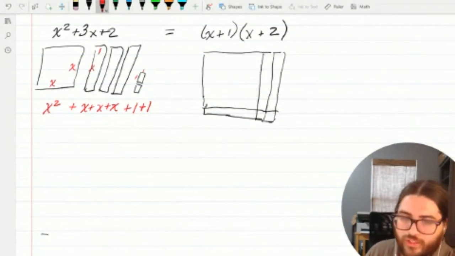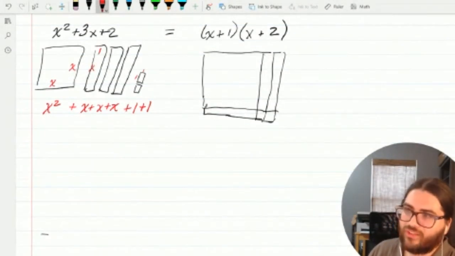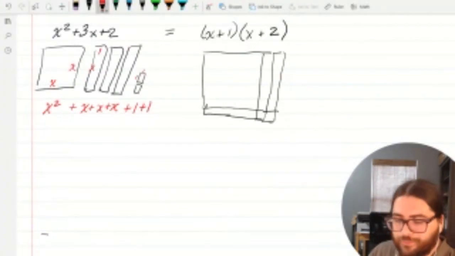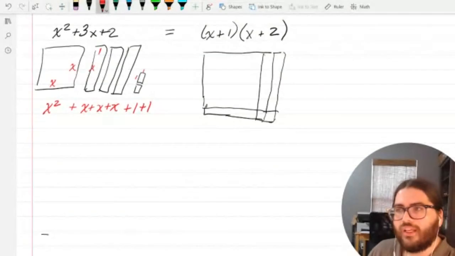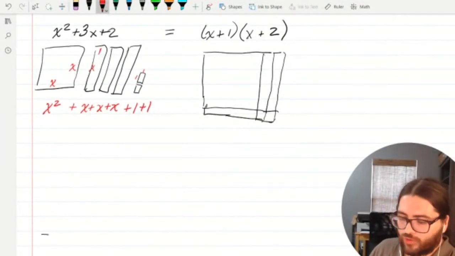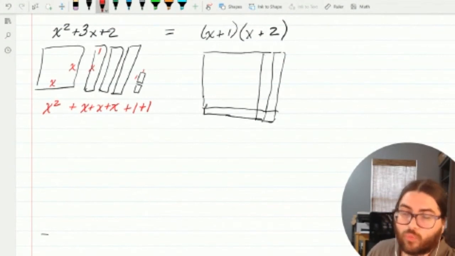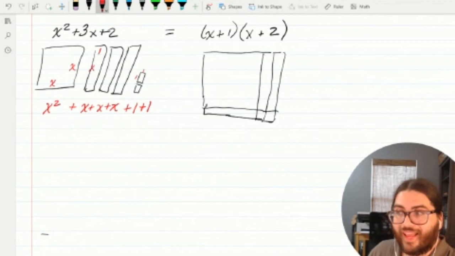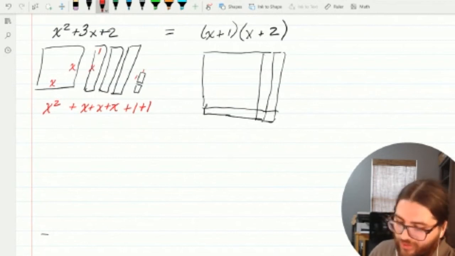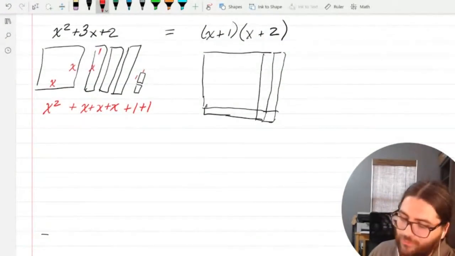Because a rectangle has a length and a width that are multiplied together to find its area. So if I find a rectangle which also has x squared plus 3x plus 2 as its area, then I can read its length and its width as 2 factors of x squared plus 3x plus 2.